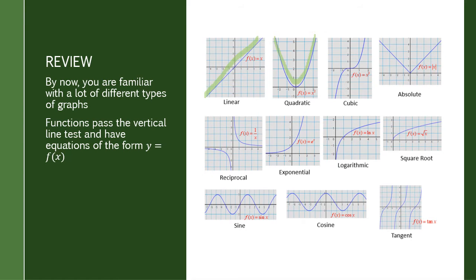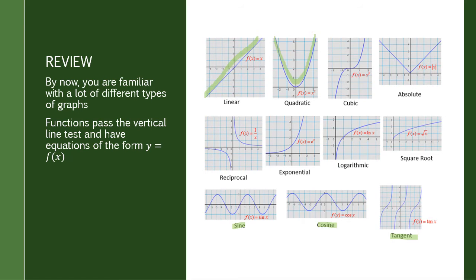You probably also can recognize cubics, absolute values, exponentials, logarithms, or more recently from pre-calculus, the graphs of the sine, cosine, and tangent functions. So these all have different equations of the form y equals some function of x, whether that's y equals 1 over x, or y equals the tangent of x, or y equals square root of x, what have you.